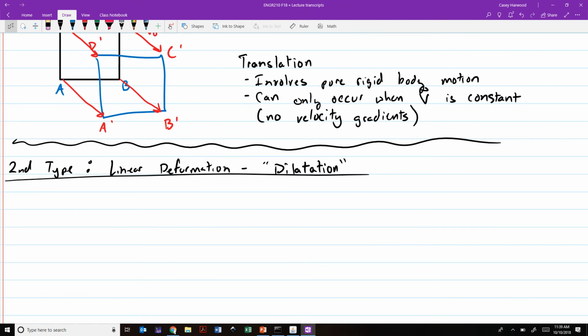So if a constant velocity causes our box, our square, a fluid element, to simply translate in space, what happens if the velocity is not uniform? Specifically, what occurs if the velocity varies in the direction of motion?